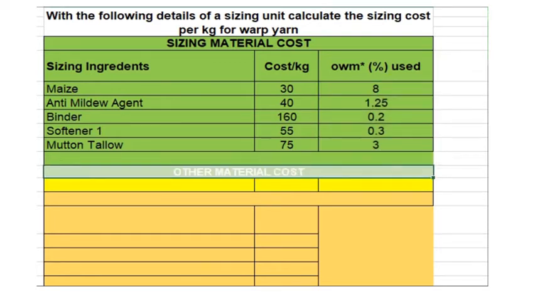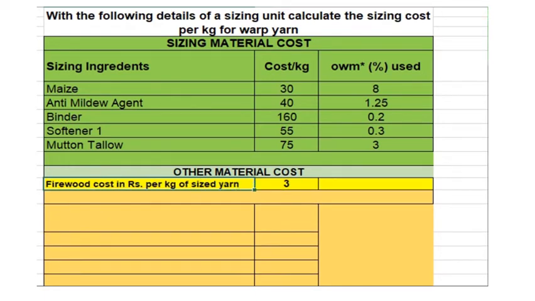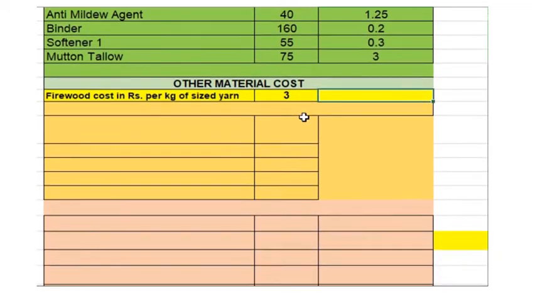Let us look into the other materials. It is the firewood cost; the firewood is got from outside, and it is calculated that for 1 kg of production of sized yarn, rupees 3 of firewood is to be obtained. So these are the various materials.